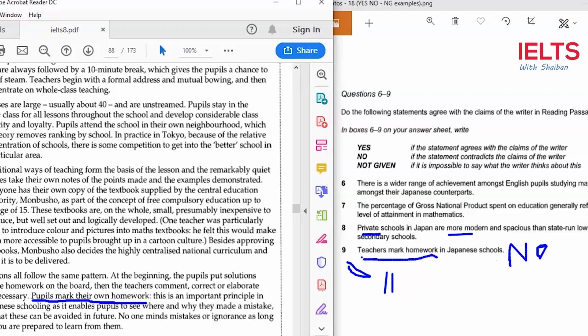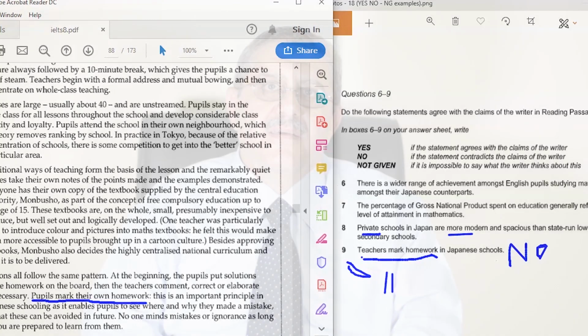So he talks about the schools in general. Then finally the information: teachers mark homework in Japanese schools, and as you can see here, it is not the teachers. The teachers do not mark the homework, and the students do the homework marking by themselves.